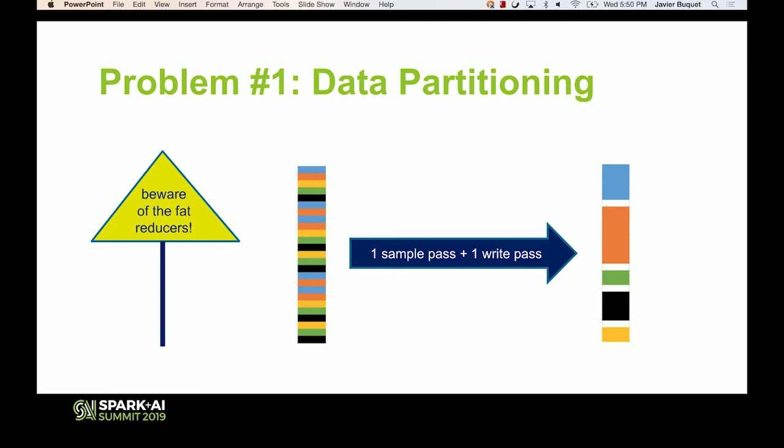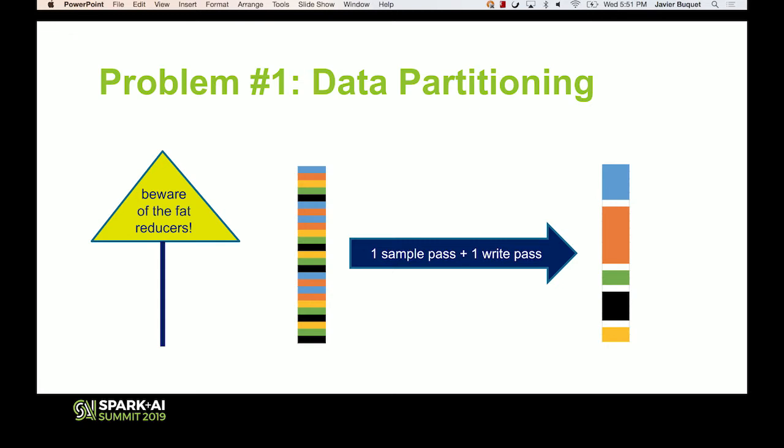And of course, when one tries to do this and the data is uneven or skewed, and we saw a great presentation today from Yelp on how to deal with skewness, we do a little bit of that. In particular, for this problem of data partitioning, we first do a sample pass on the data sets to find the relative sizes of each of the campaigns to build a distribution.